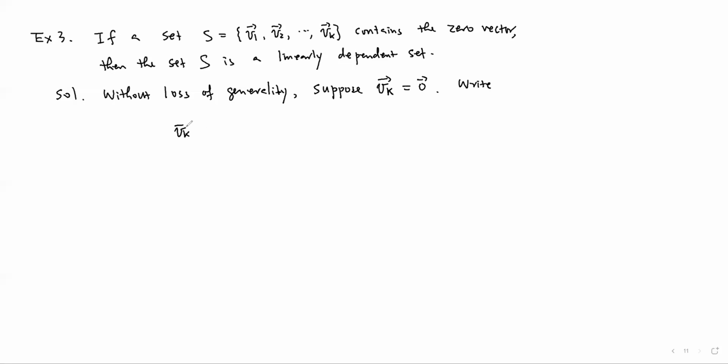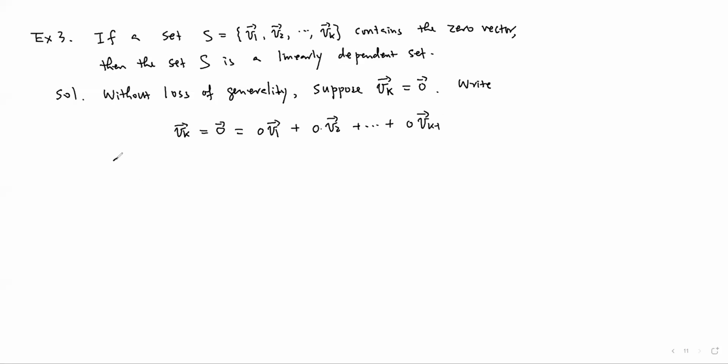Vk is 0, and 0 actually is a linear combination of any vectors. I can write 0 as 0 scalar times V1, 0 scalar times V2, and so on.